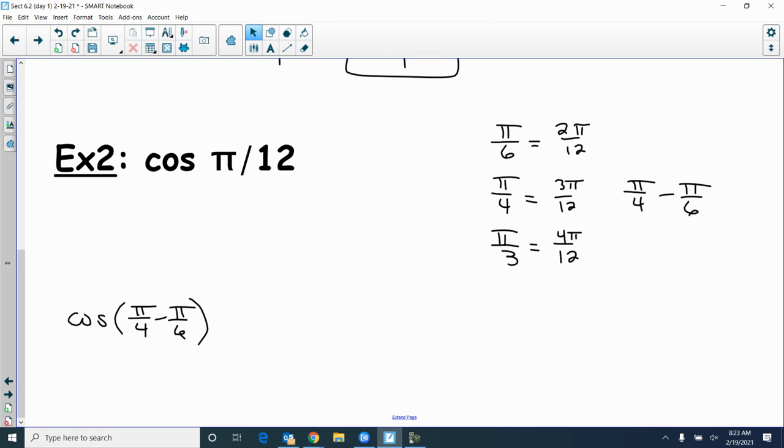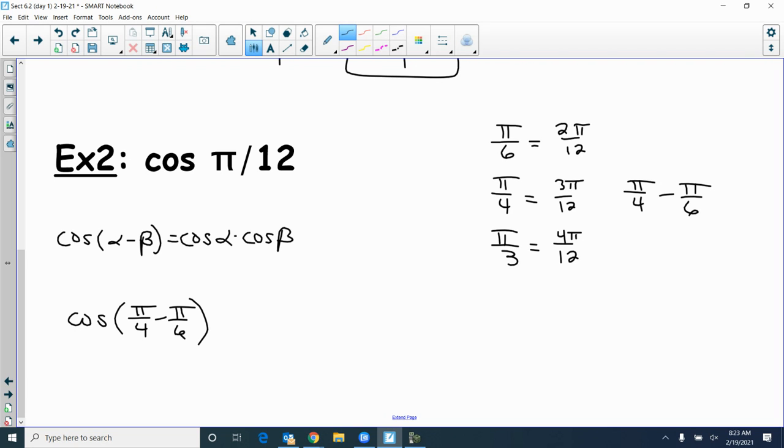All right, what's the cosine formula? Cosine of alpha minus beta. If you just look on your papers, cosine alpha times cosine beta. I believe it is plus sine of alpha times sine of beta. Just double check me whether that's a minus or a plus. Is it plus? All right, good.